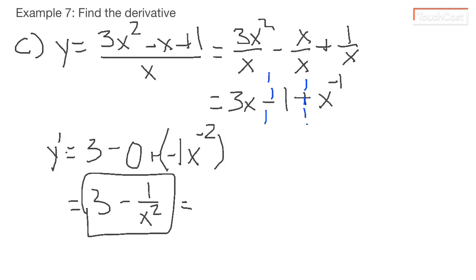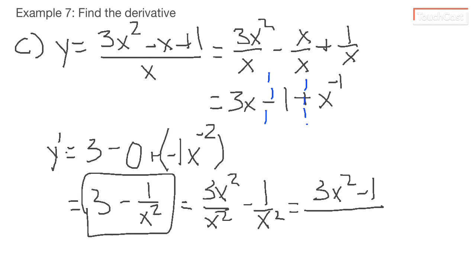So we could rewrite it as 3x squared over x squared minus 1 over x squared, which really means we just have 3x squared minus 1 over x squared. So I would take that first box or the second box as acceptable answers to this problem.